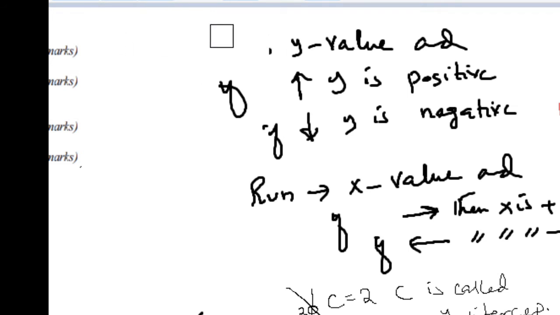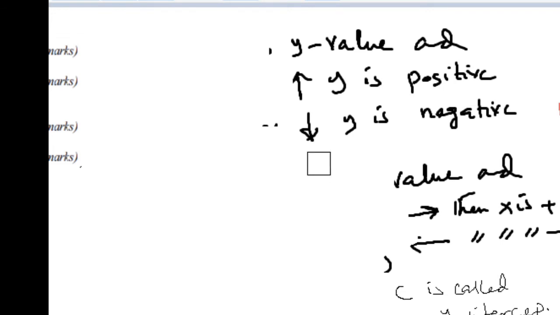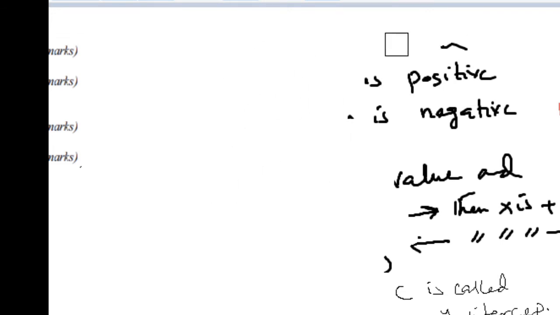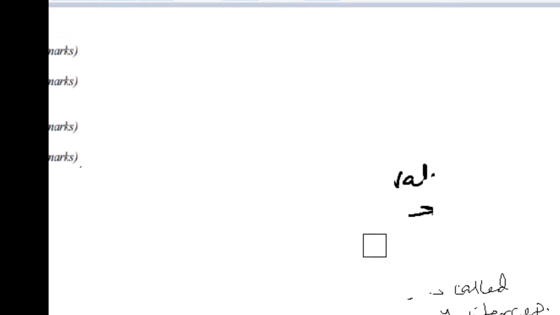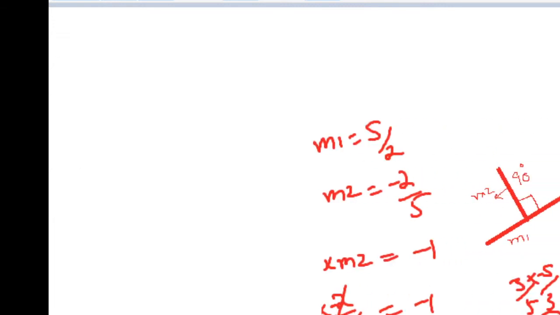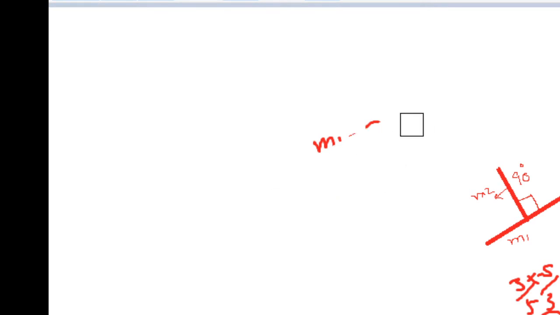I have told you that it's either y is equal to mx plus c or the other formula, a few moments earlier. Now I'm using both of them. It's up to you whether you like the first method or the second method.